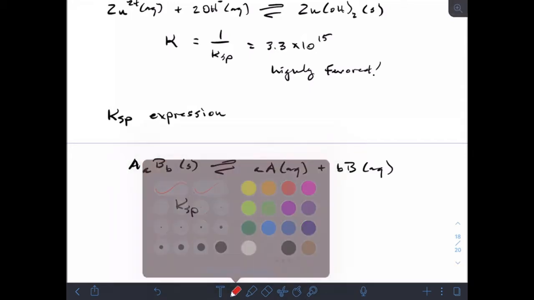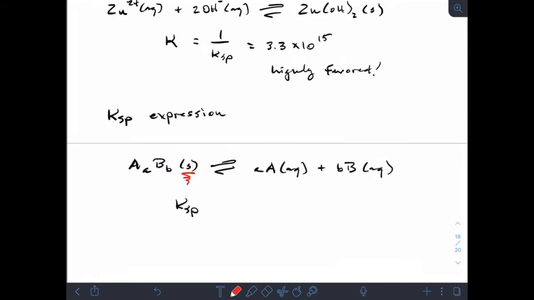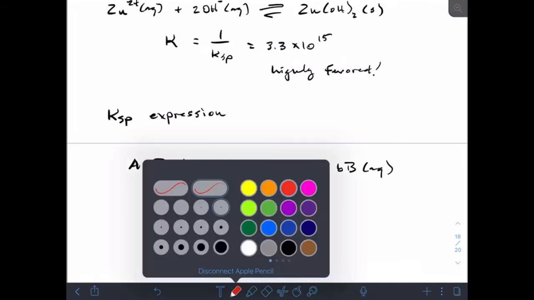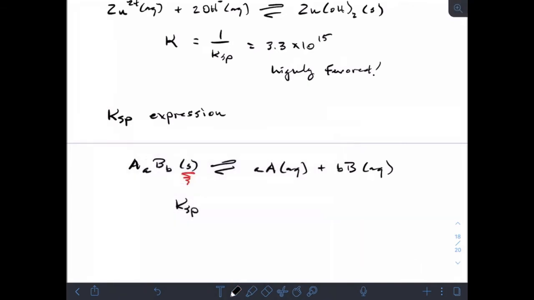Noticing that's a solid, so it doesn't go in the K expression. Same rules apply. So for this scenario, Ksp will just be [A] to the a power times [B] to the b power. All right, nothing new here.